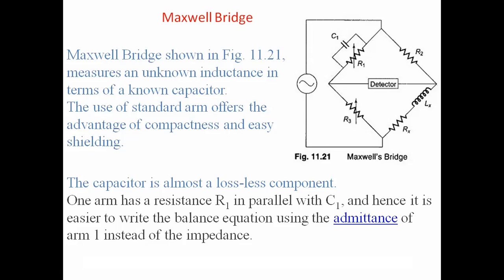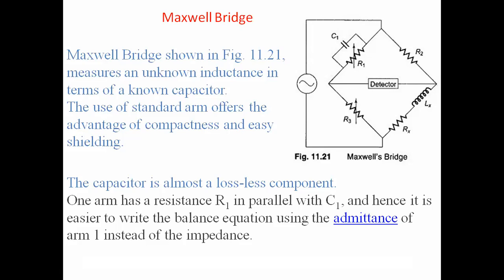One arm has a resistance R1 in parallel with C1, and hence it is easier to write the balance equation using the admittance of arm 1 instead of the impedance. When these two are connected in parallel, we can represent the complex quantity in terms of admittance.